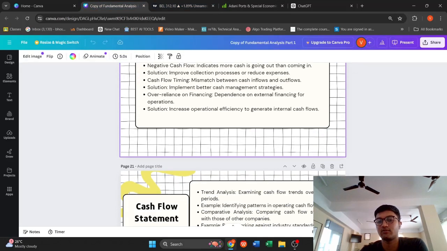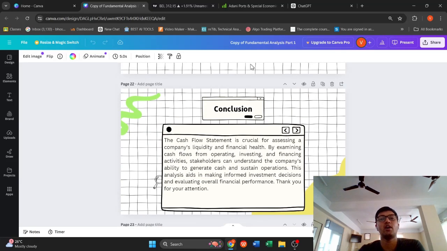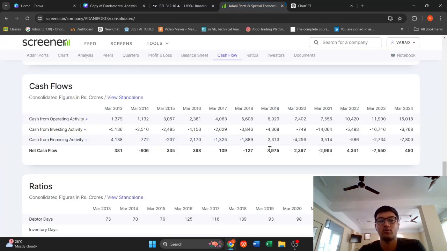So this is the cash flow statement analysis for today, and hopefully I was able to convey what I was trying to. So we discussed P&L, we discussed balance sheet, we discussed cash flow. In the later part, we'll try to discuss ratios.